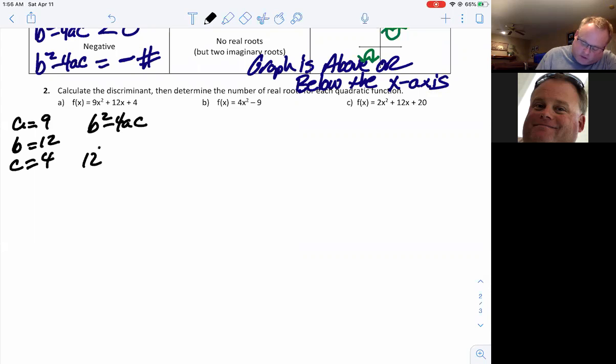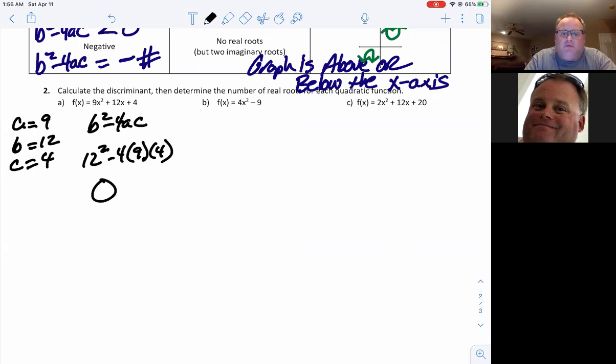So 12 squared minus 4 times 9 times 4. And I can put it in the calculator just like that. And I get 0.